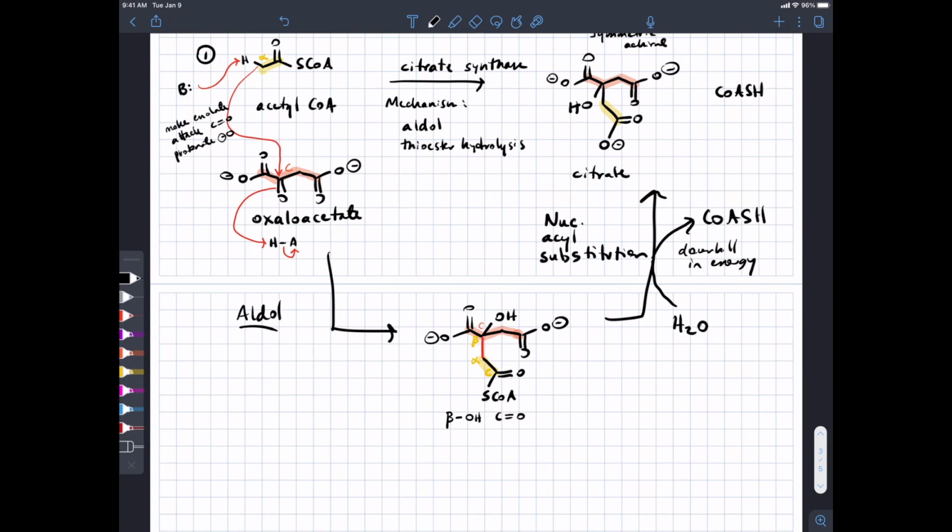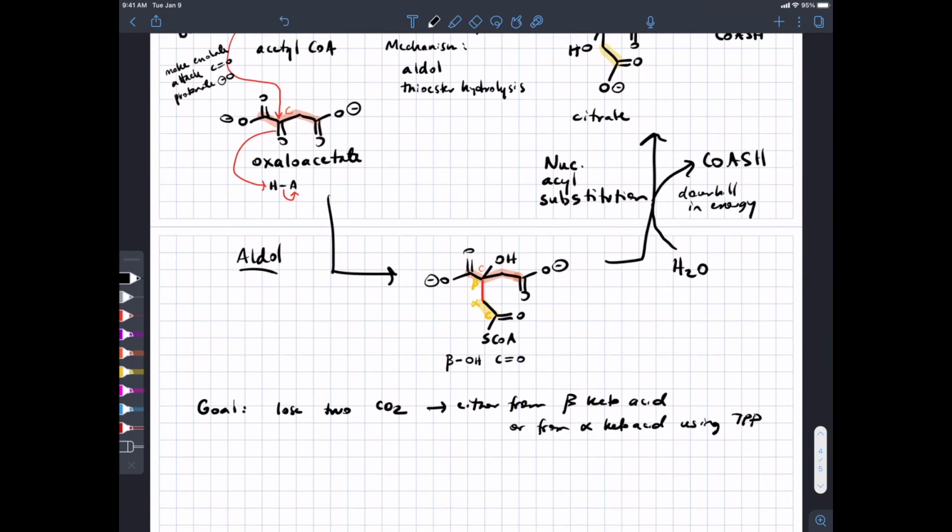All right, so our goal in the citric acid cycle, now that we've committed and incorporated acetyl-CoA, is going to be to lose 2 molecules of CO2, either from a beta keto acid or from an alpha keto acid using TPP.